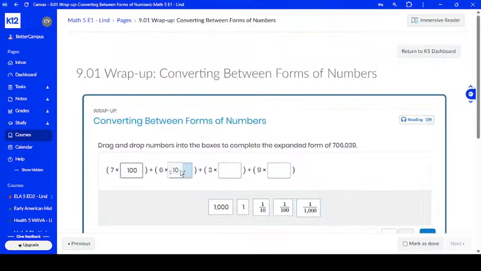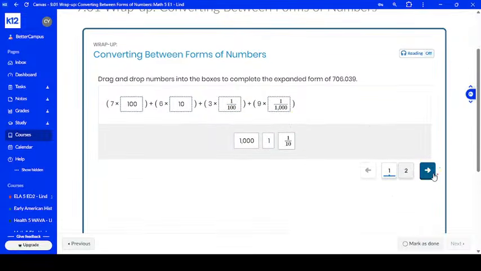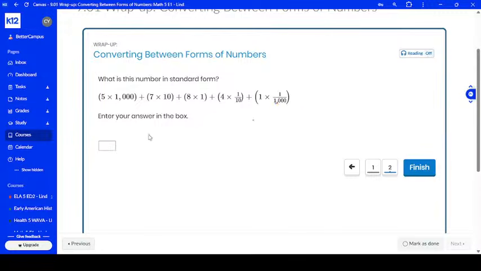706. Okay, let's see what's the answer here. 0.41.